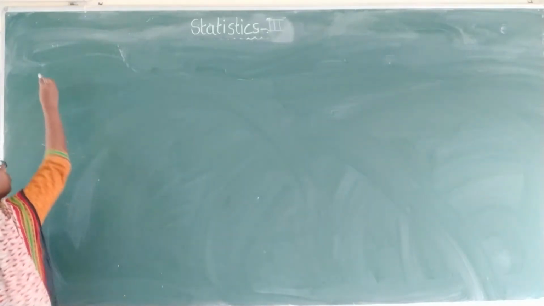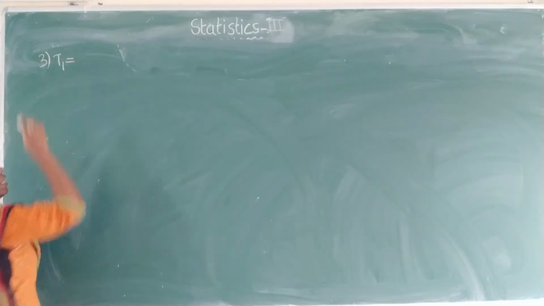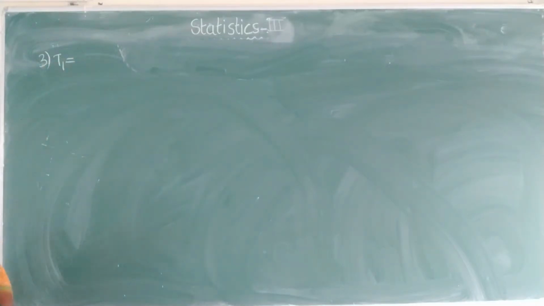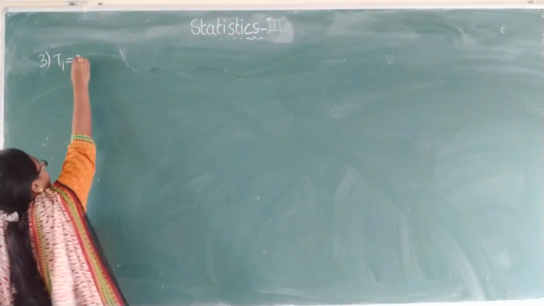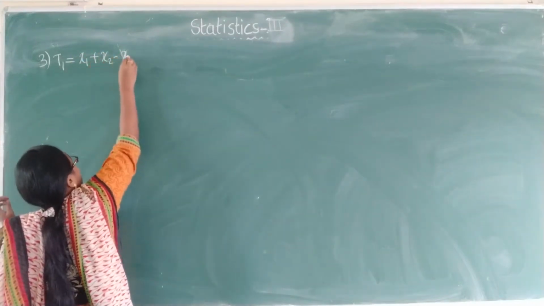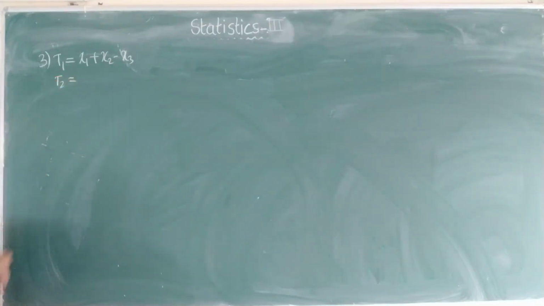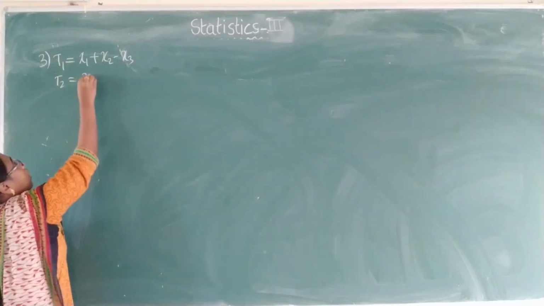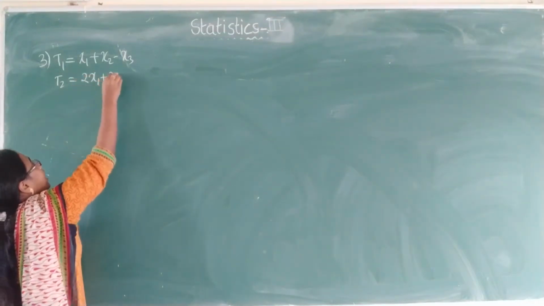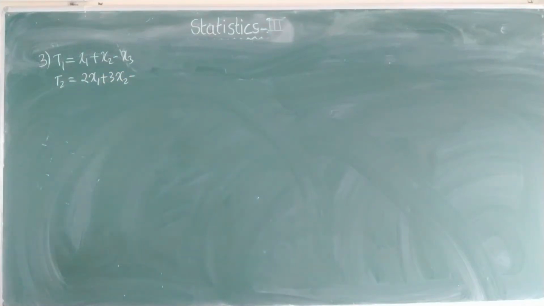So in the third problem, what were our T1, T2, T3 values? T1 is x1 plus x2 minus x3, and T2 value was 2x1 plus 3x2 minus 4x3.